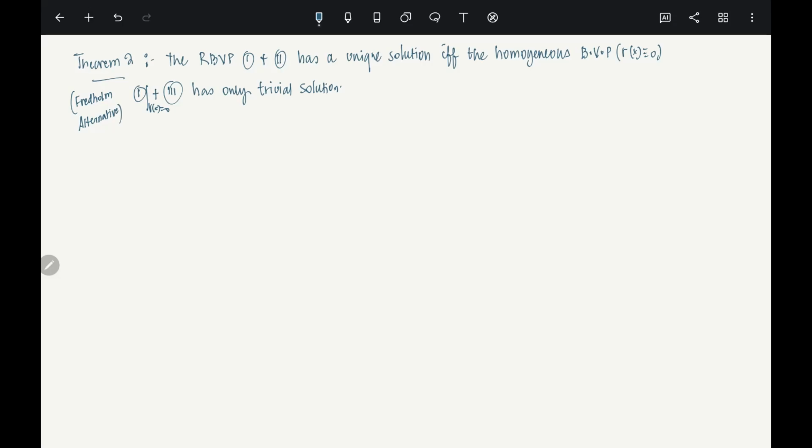It could have the trivial solution or infinitely many solutions, but if it has only the trivial solution, then the inhomogeneous problem has a unique solution. So to check whether the inhomogeneous problem has a unique solution, all you have to check is whether the homogeneous problem has only the trivial solution. And from the earlier case, we know when that happens. So it's all put together. Let's look at the proof.